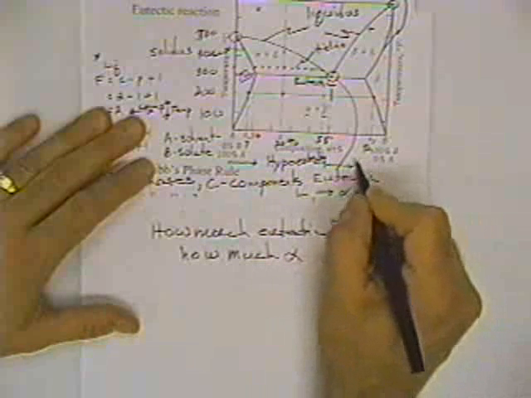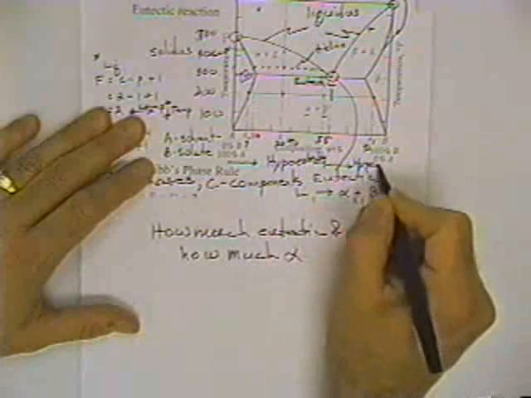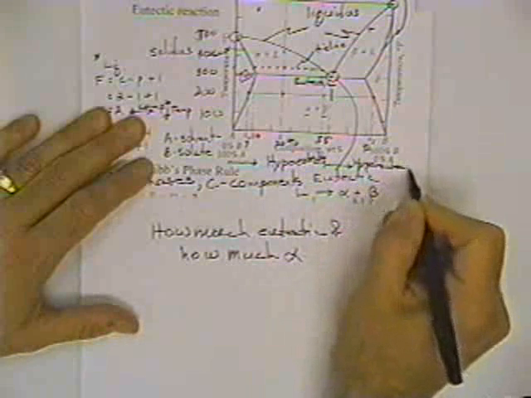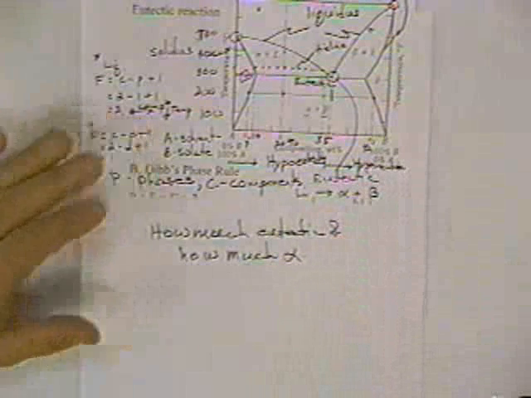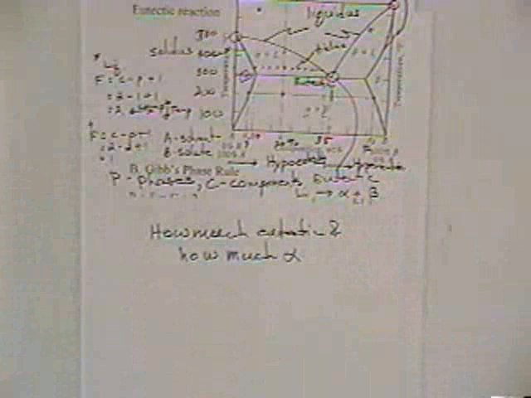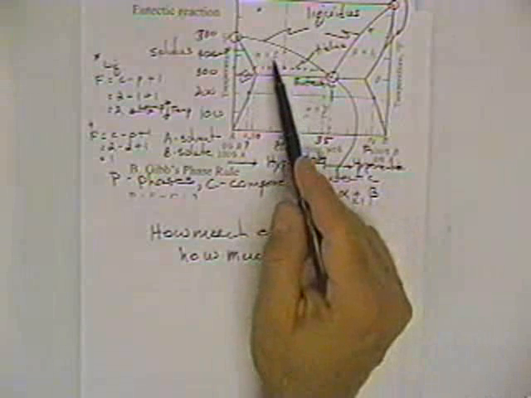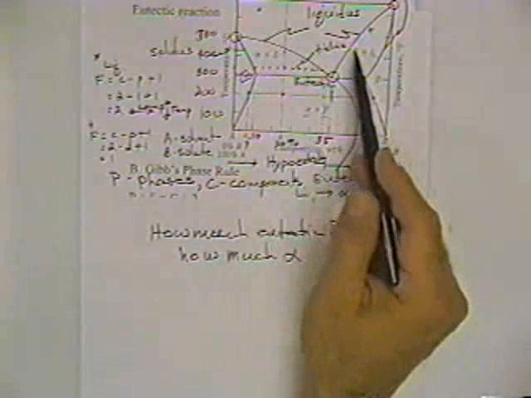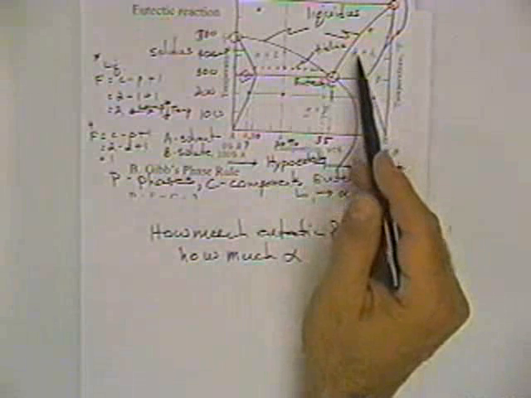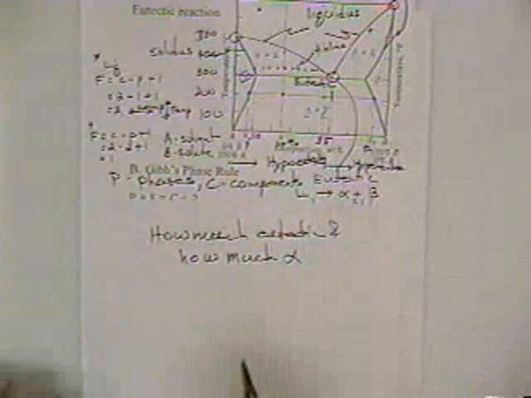This side of the diagram is called hyper-eutectic, so it would have more than the eutectic composition. Hypo has left. The first phase that comes out of the liquid is alpha. That's called the primary phase. On this side, the first phase that comes out is beta, called the primary phase.